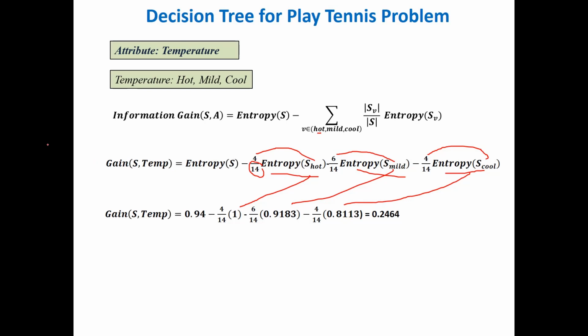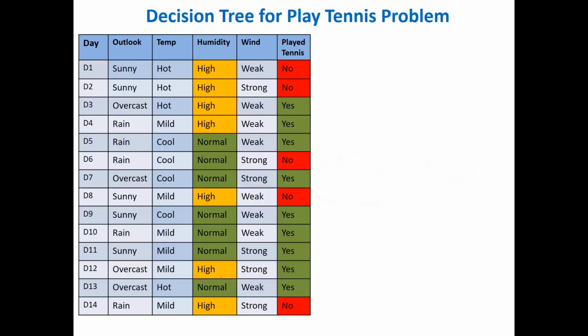This we calculated in the previous slide, you can refer to it. And the information gain of the temp variable over this whole data set is 0.0289.